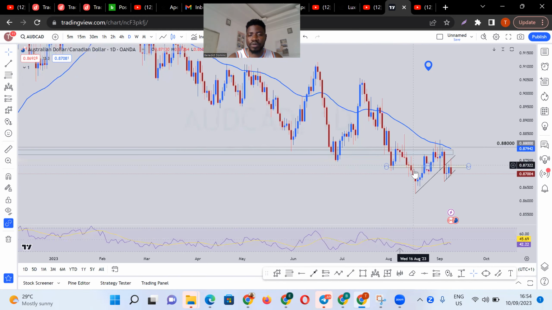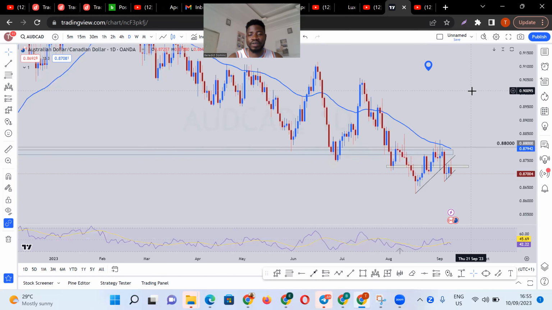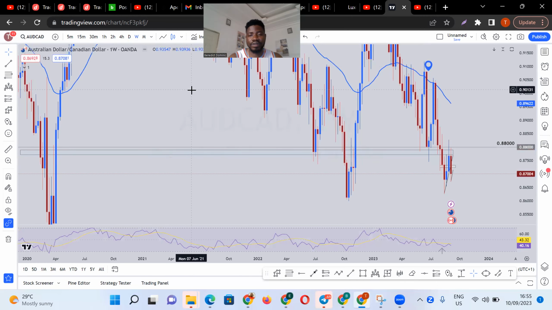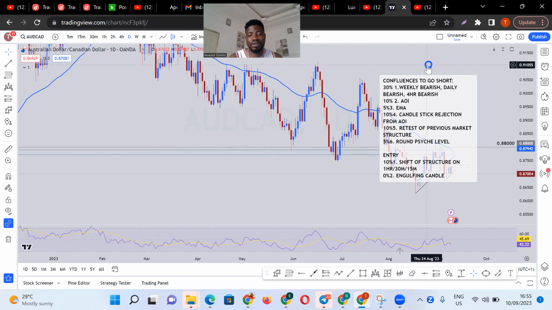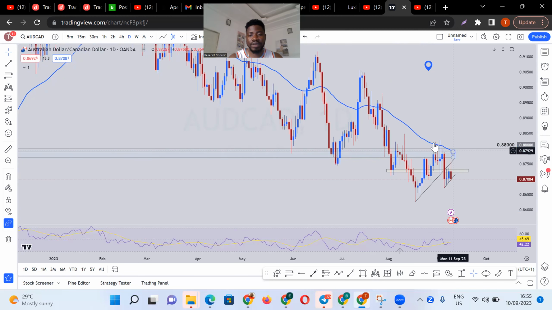This is our lower high, area of rejection. And I say, yes EMA, yes candlestick rejection, yes. Retest of the previous structural level, let me check. Oh yes, we are touching it. The trade is a bomb. I grade my trade. Round psychological level, which is 0.88. Yeah, the market touched it.